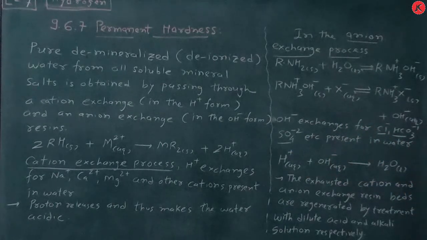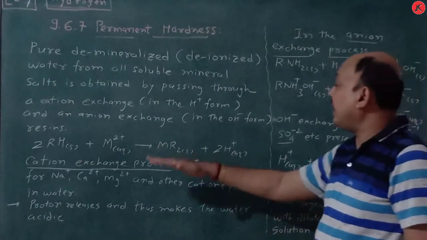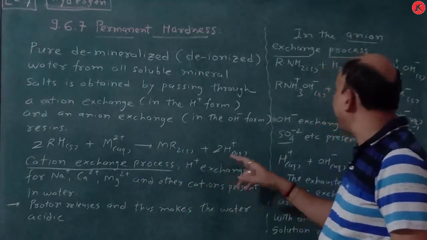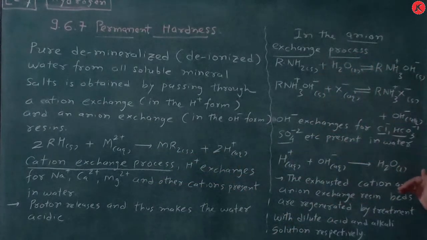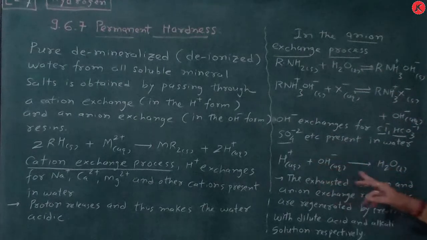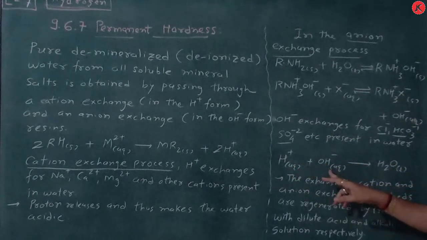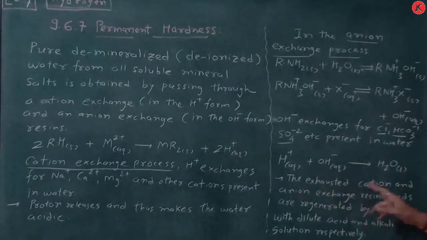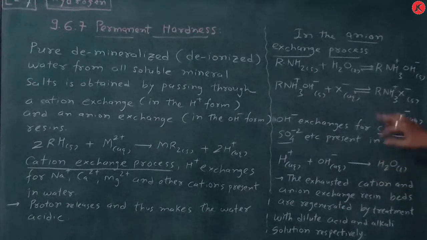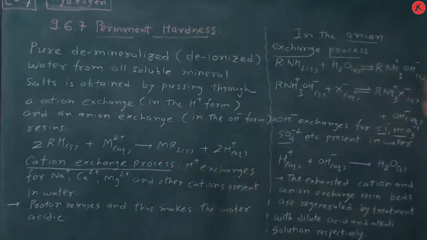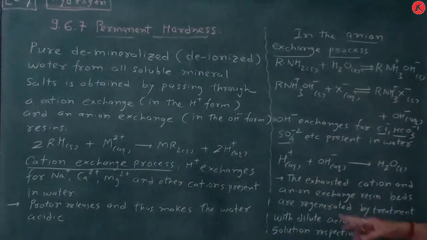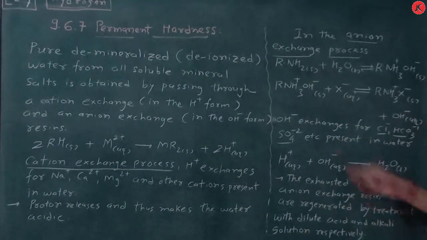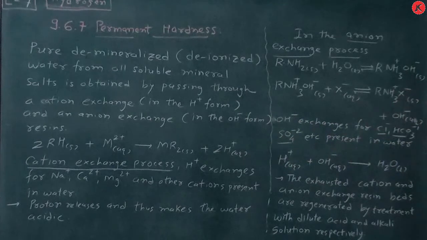Now, according to cation exchange process, H+ is free. According to anion exchange process, OH- is free, and that's why H+ aqueous plus OH- aqueous gives water molecule. So this is RNH3+ X- and MR2 solid. They are considered as anion exchange resin and cation exchange resin. This is a cation and this is an anion.